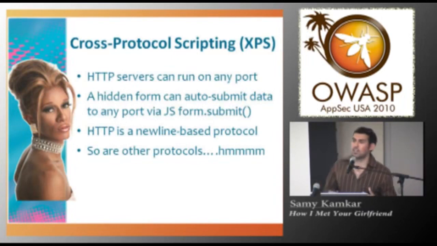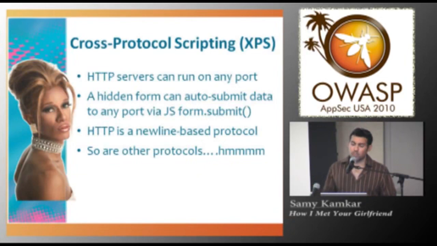What that means is for every piece of data, you send a new line. You send an HTTP header and one value and then a new line, and another value and a new line. There are other protocols that are like this. For example, SMTP, our mail protocol. When you connect to a mail server, you say hello, and then it returns with a string and a new line. So there are other protocols that can communicate with new lines.